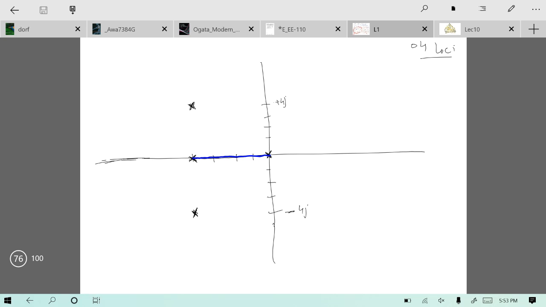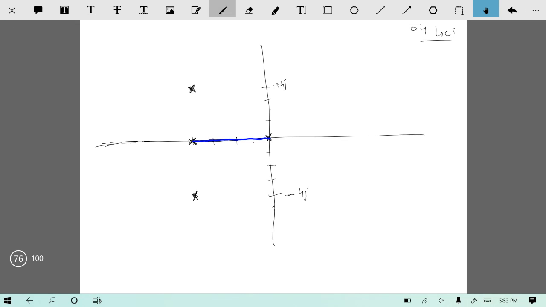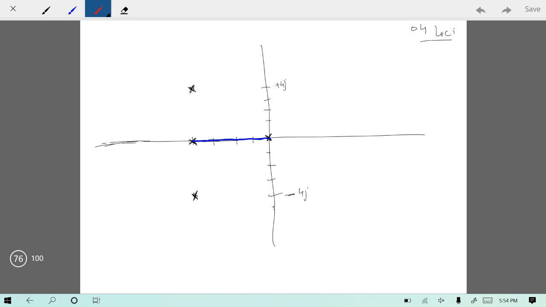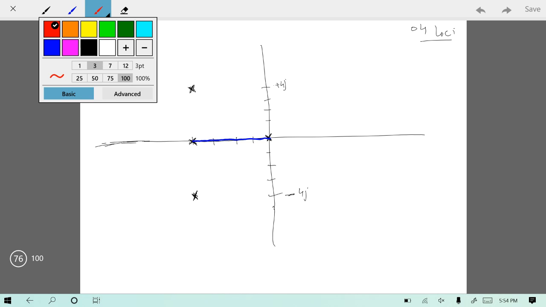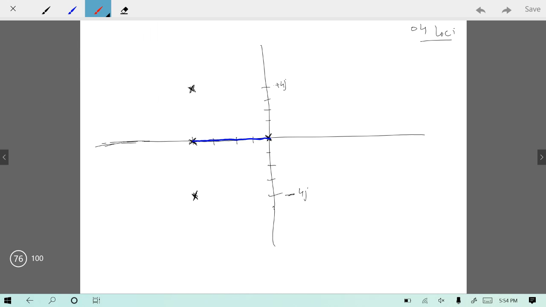Let me draw over here. Let me use the red pen. Okay, so my asymptotes are centered at minus 3 over here, and one is at 45 degrees. It means this one.